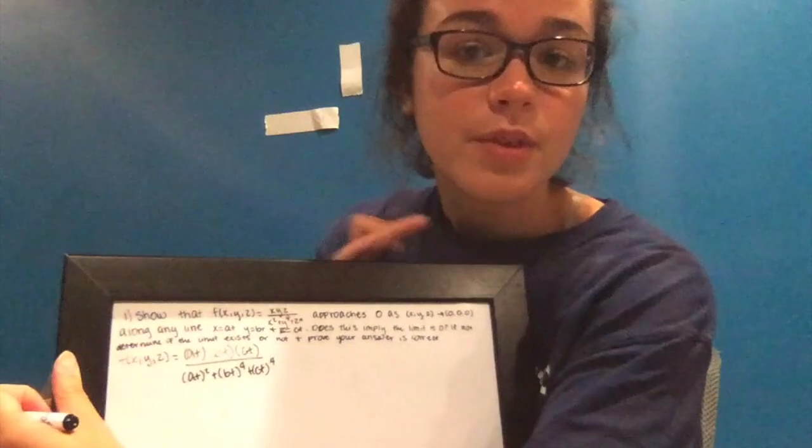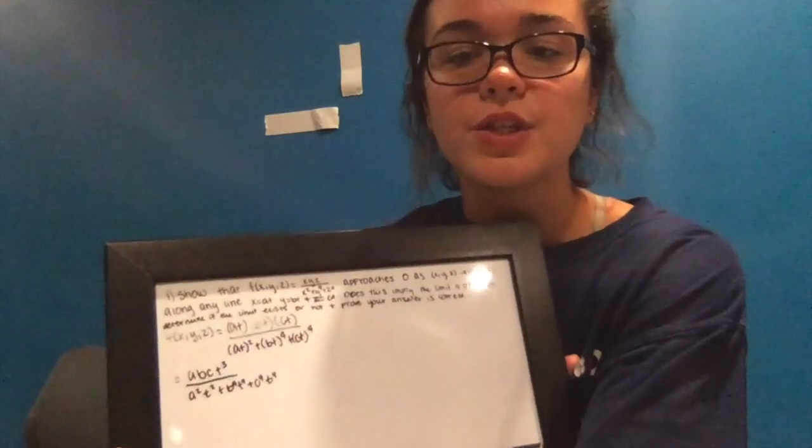So what we're going to do with this is manipulate it a little bit. I'm going to factor out the t's on the top, and distribute the exponents on the bottom and see what that gives us. That gives us abc t cubed on the top, and on the bottom we have a squared t squared, plus b to the fourth t to the fourth, plus c to the fourth t to the fourth.